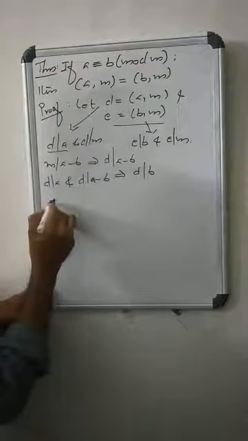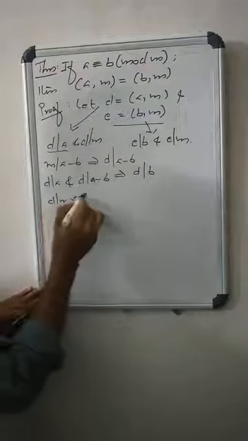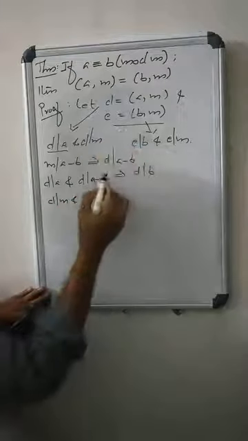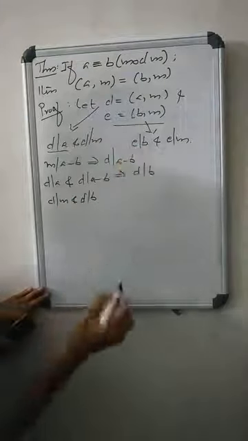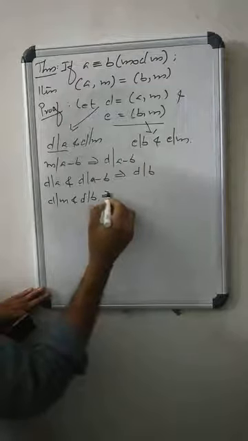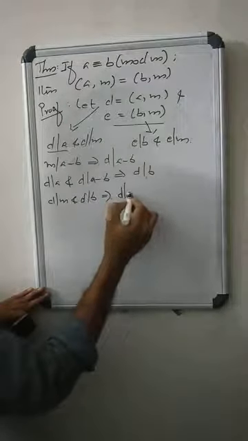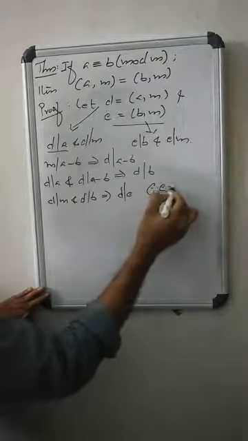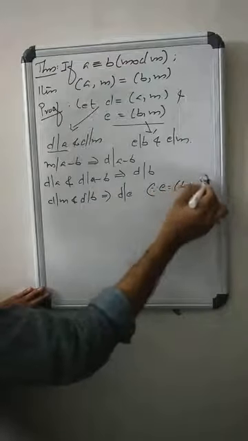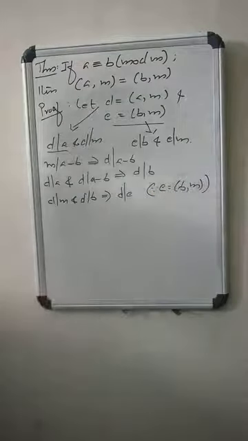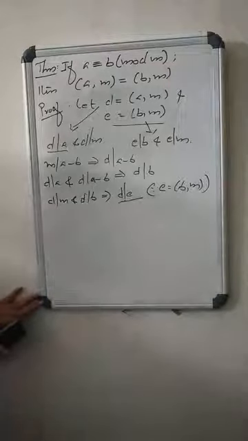So D divides M and D divides B. That means D divides E. Why? Because E is the GCD of B and M. So D divides E.